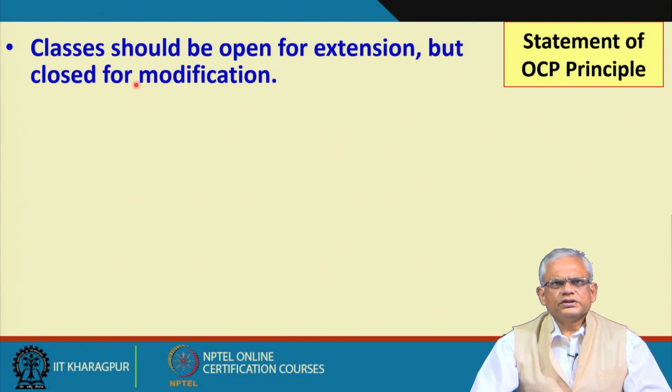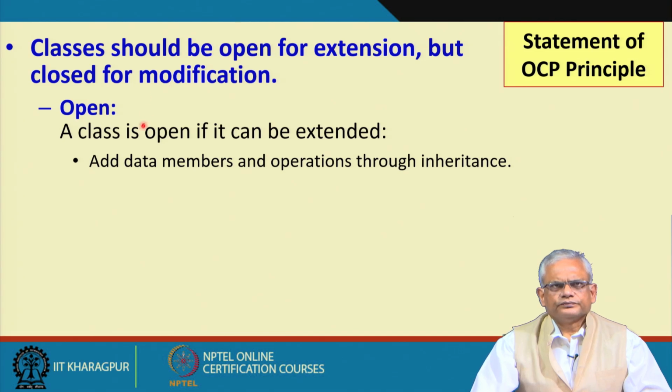Once we have a class which is working, if we need additional features, we should only extend a class which has been developed and tested. Developed and tested classes should be closed for modification, but open for extension. If we need more data members and operations, we can add them through inheritance.